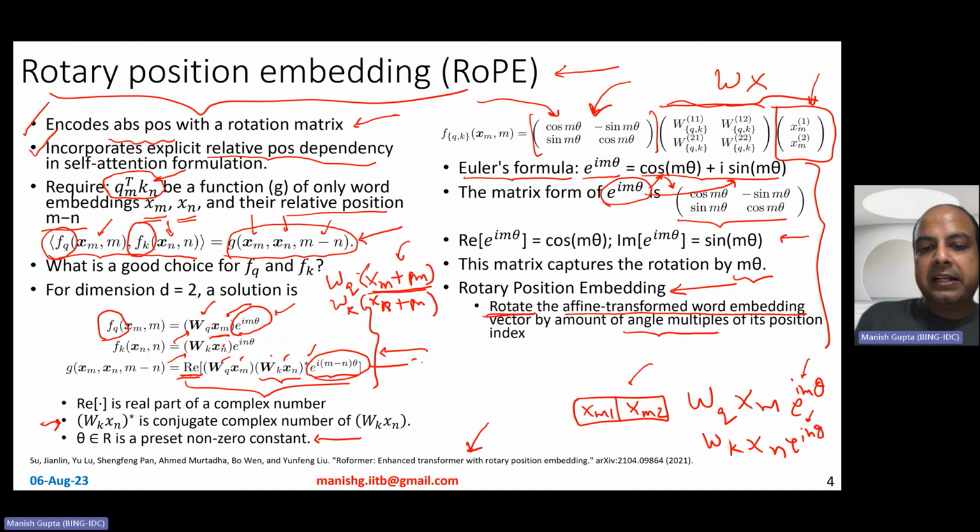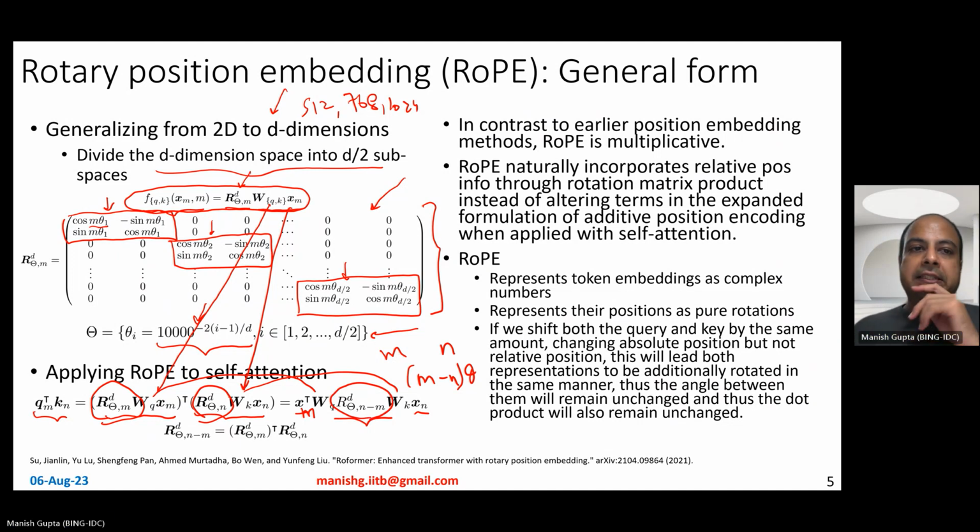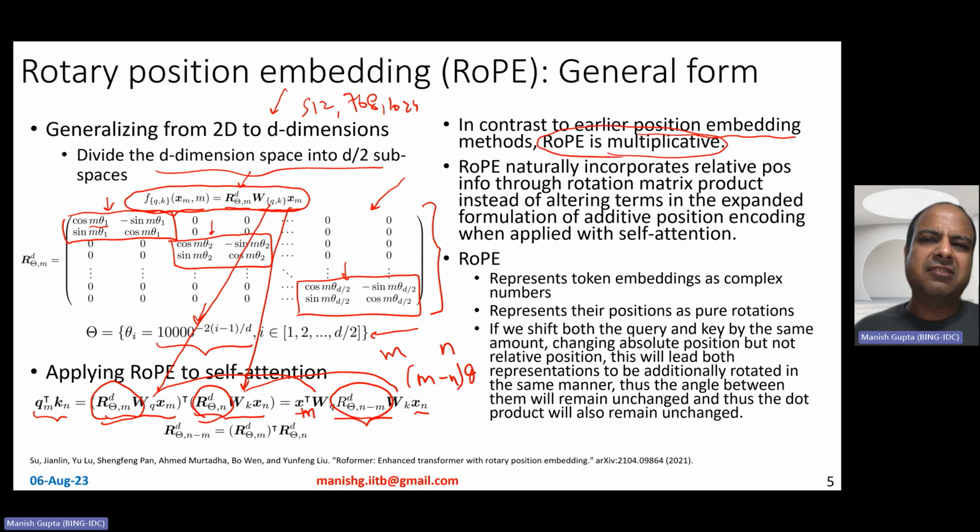This is for 2D, and on the next slide I showed you the general d dimensions. Now, a summary of all of this is that, in contrast to earlier position embedding methods, RoPE is multiplicative in nature. Whether relative position embeddings or absolute position embeddings, they were both additive in nature. You take the content and the position and just add them up.